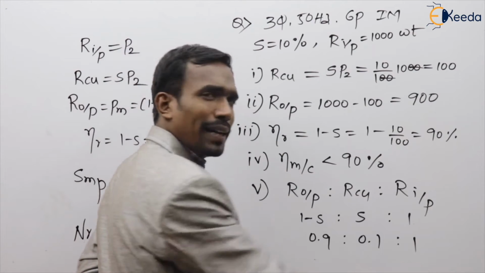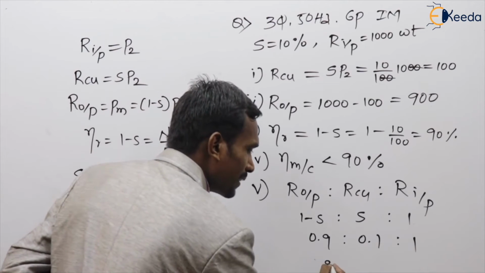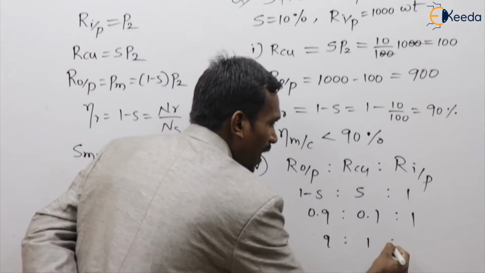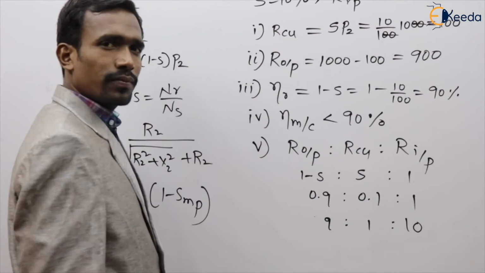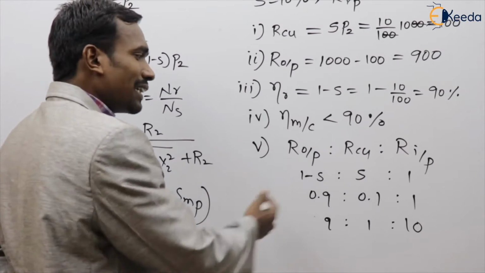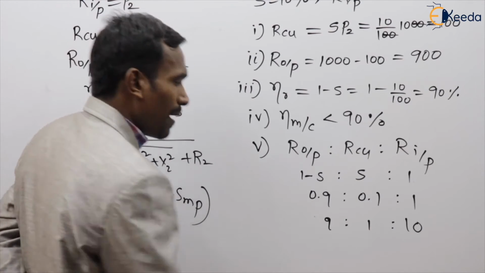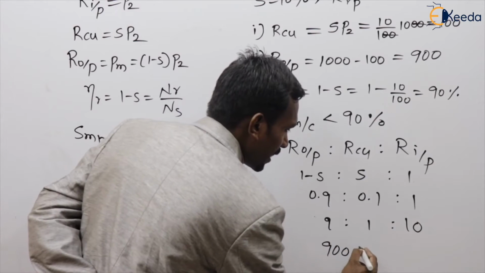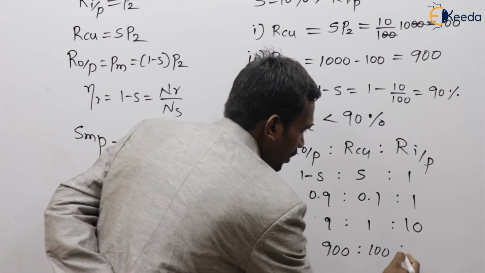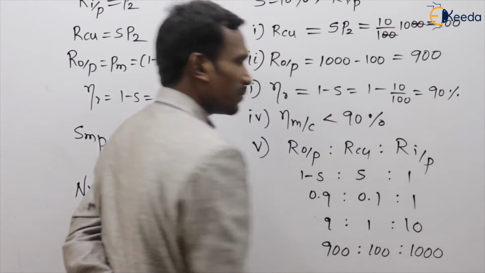If multiplied by 10, 9 is to 1 is to 10. If multiplied by 100, 900 is to 100 is to 1000.